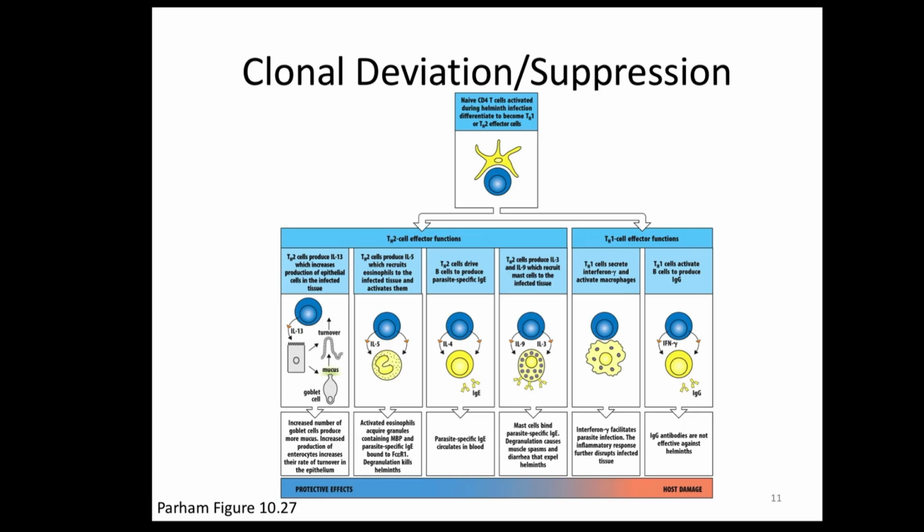This is showing this, and when we think about deviation, a lot of times we talk about Th1 versus Th2, or sometimes Th2 versus Th17 or something like that. But recall that when I drew out all the different helper T cell subsets, we drew out Tregs as one of them.